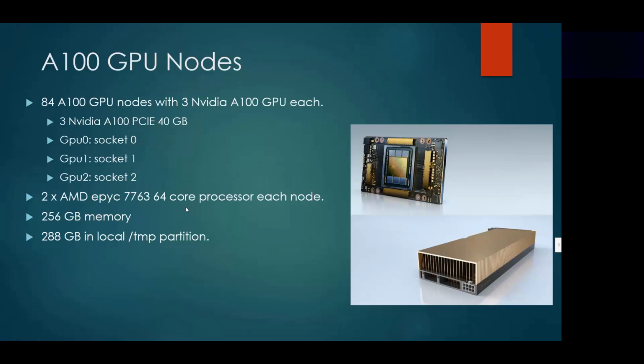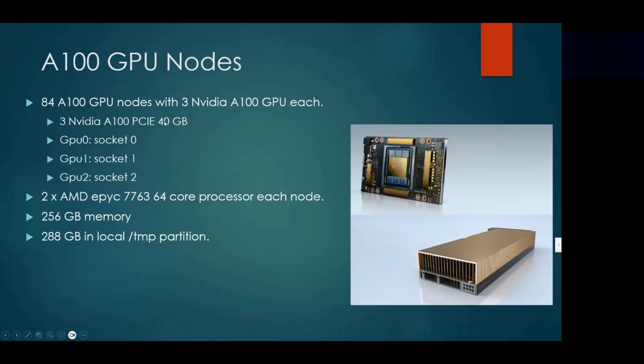Here, this is the key. This is what we really want to use. The A100 GPU. This GPU is exactly like this one. They have 84 machines equipped with these A100 GPUs. Each machine has 3 NVIDIA A100 GPUs.